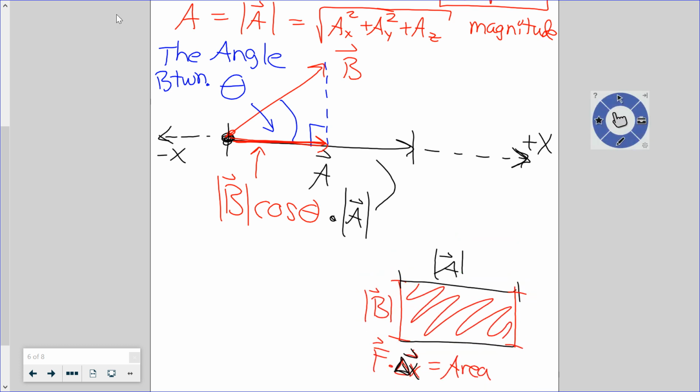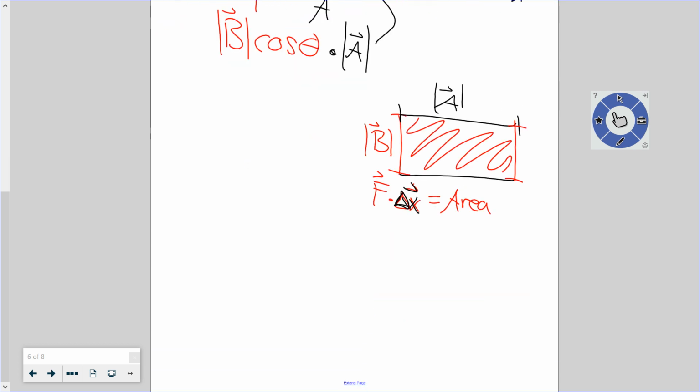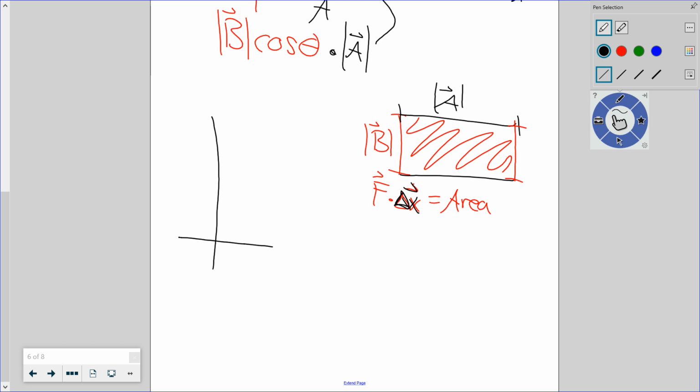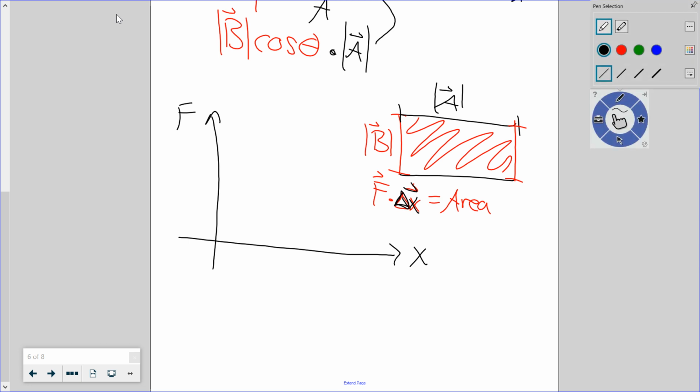Because what we do is we realize only the parallel components matter. And I can have some force that actually varies with x. Okay?